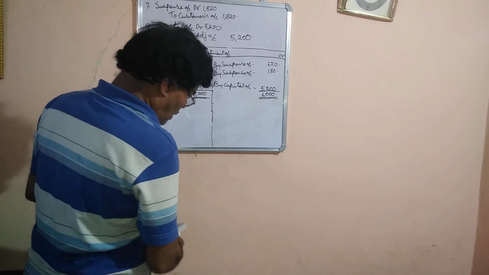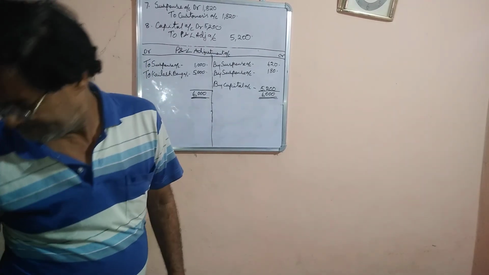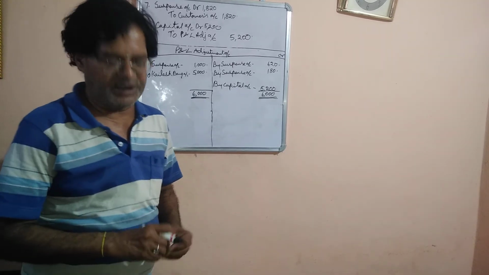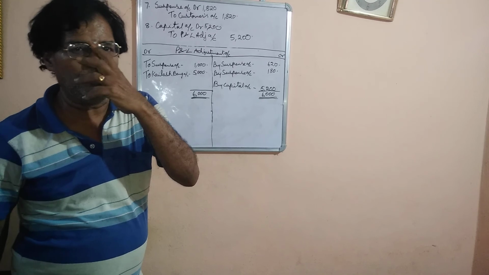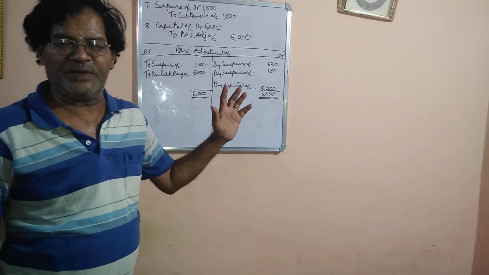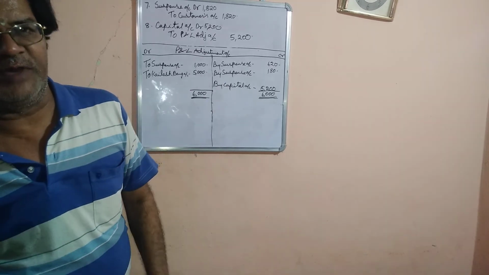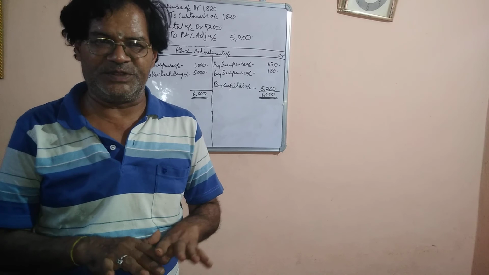This is how you will come across the adjustment and rectification entries. I suppose you can understand this. This will come whenever the errors of last year are transferred to this year. So this is how we prepare the journal entries.